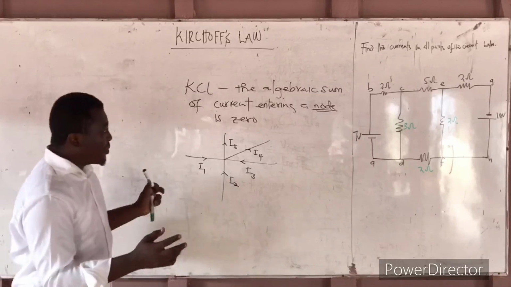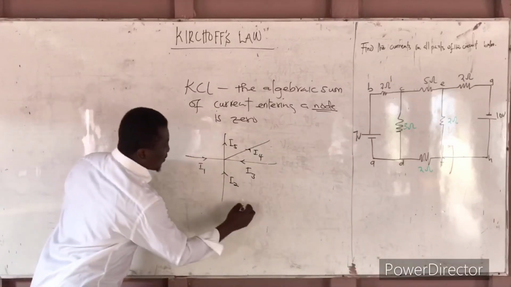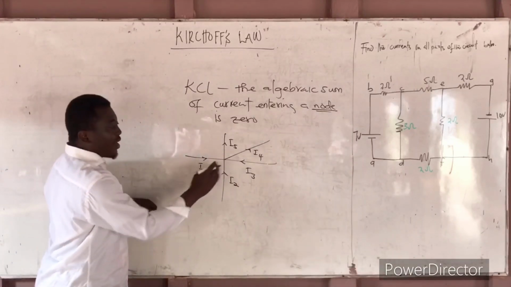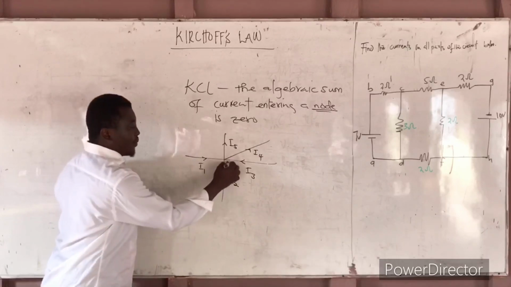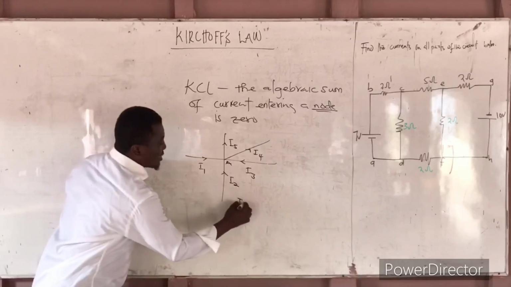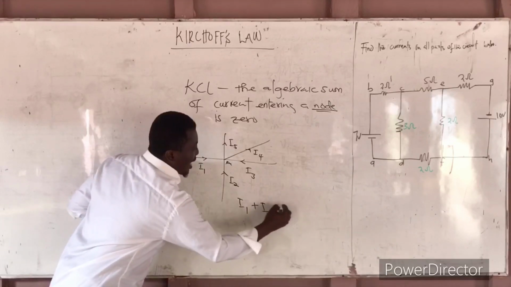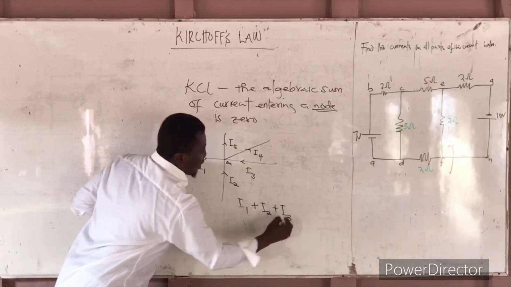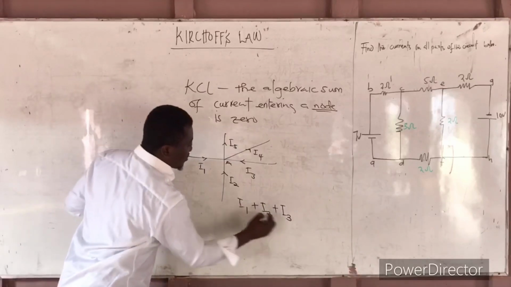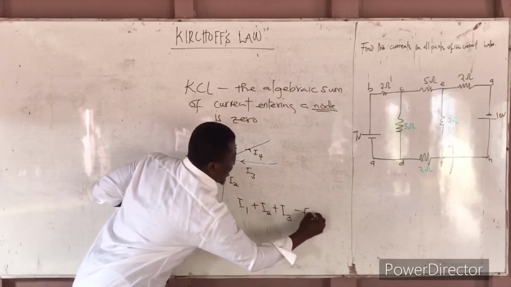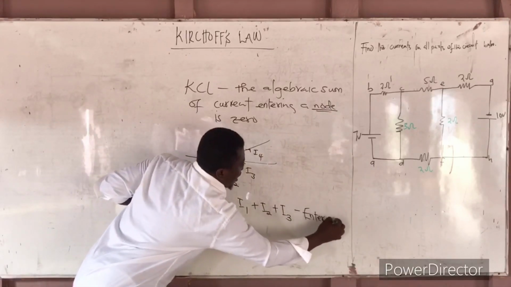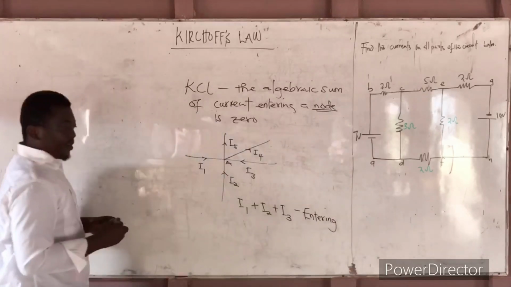So with that in mind, let's pick all those currents entering this node A. I1 is entering, plus I2, plus I3. They are the ones entering.